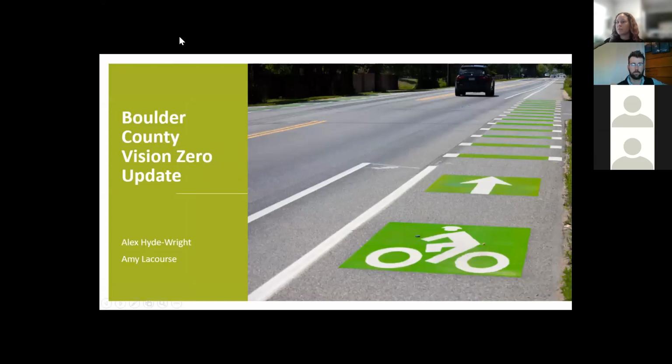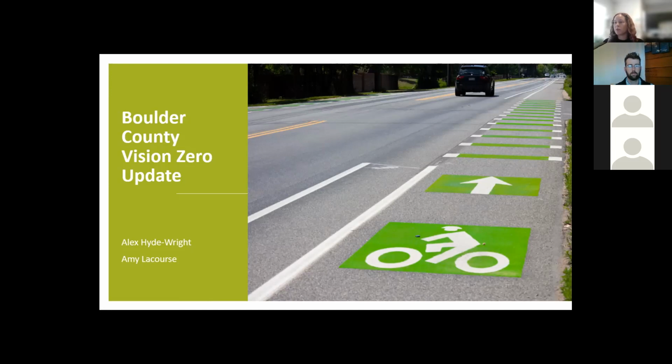All right. So Alex, Hydrite, and I are now going to talk for a few minutes about what Boulder County has been up to with our Vision Zero plan. So again, as a quick overview and refresher, the Vision Zero plan comes from the county's most recent transportation master plan update, in which we adopted a quantitative safety goal to eliminate serious injuries and fatal traffic crashes in unincorporated Boulder County by 2035.